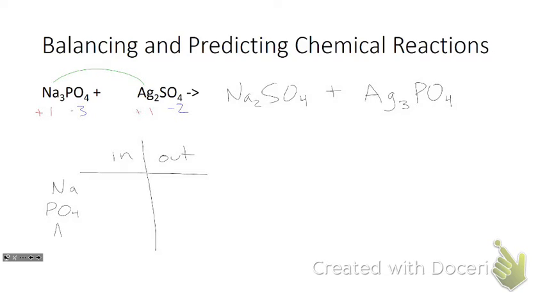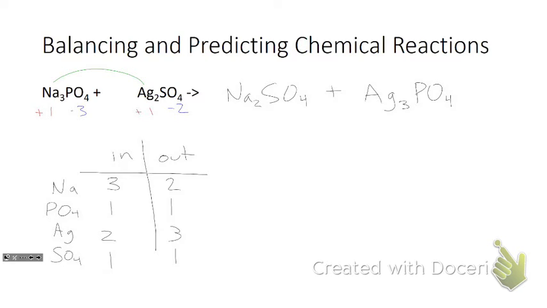And then I have silver. And we have sulfate, which is also present on both sides, so we will treat it as one thing. Okay, going in, we have 3 sodiums. We have 1 phosphate, 2 silvers, and 1 sulfate. Coming out, we have 2 sodiums. We have 1 sulfate, 3 silvers, and 1 phosphate.